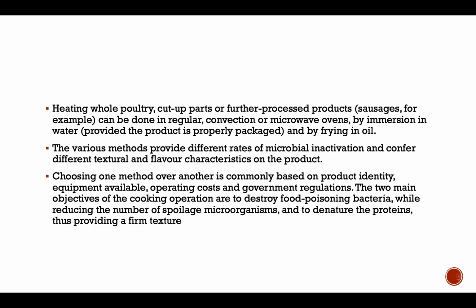Choosing one method over another is commonly based on product identity, equipment availability, operation cost, and government regulations. The two main objectives of cooking operation are to destroy food poisoning bacteria while reducing the number of spoilage microorganisms, and to denature the protein, thus providing a firm texture.